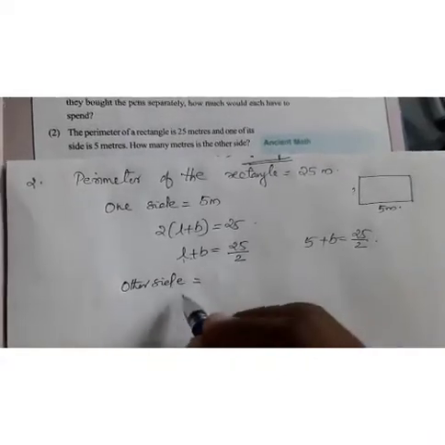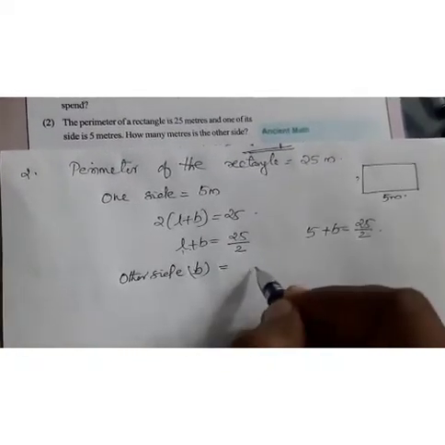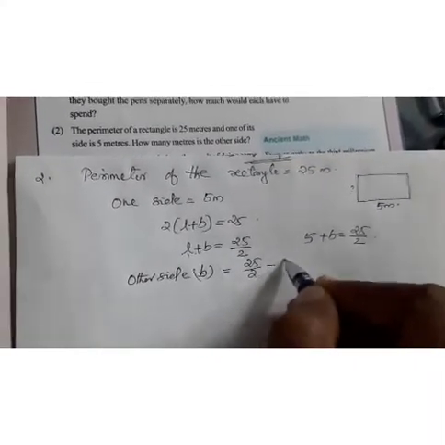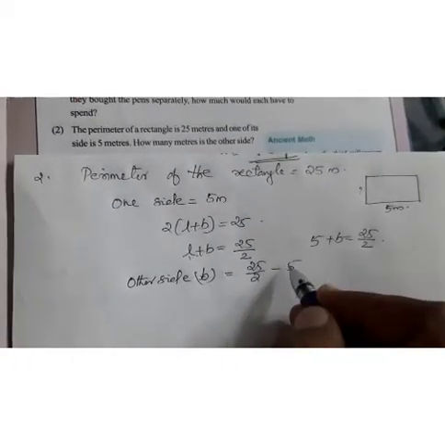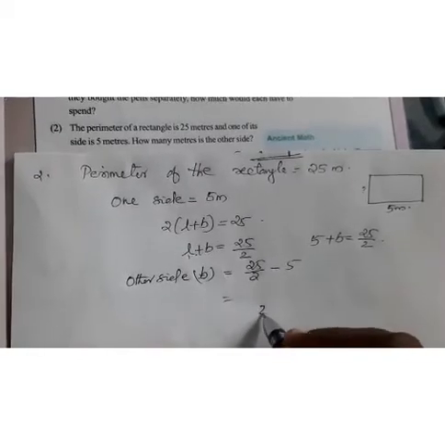So the other side B is equal to 25 by 2 minus 5. 5 will come that side. So keep the denominator same.